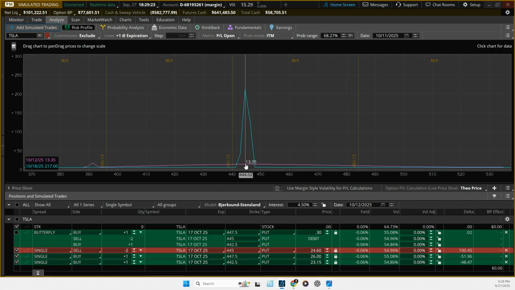If Tesla trades through this, look at that. We're only making $13.35. Isn't that bogus? Not very exciting, right?